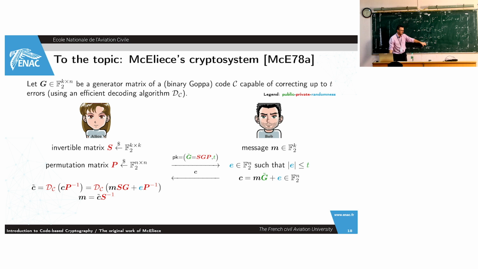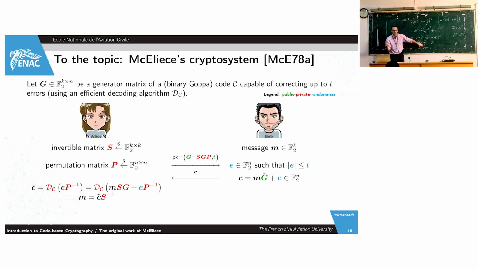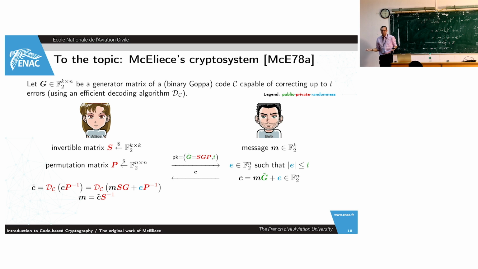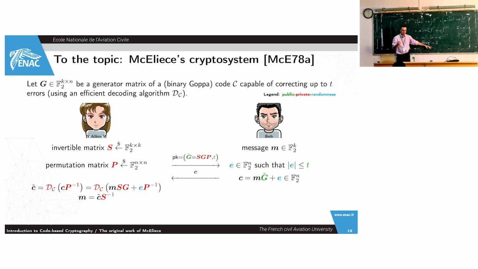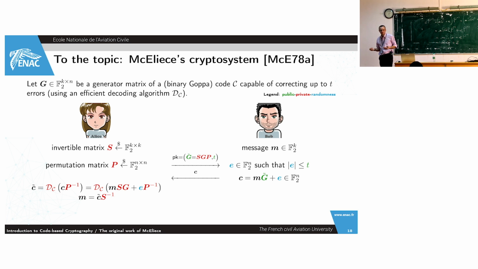But here the generator matrix is G, it's not G tilde, it's G. So I know the efficient decoding algorithm associated with G, right? How many errors can I decode with this algorithm? Up to T errors. So basically, I will be able to decrypt this if, and only if, this term has weight less or equal to T, right? Is this the case? Why is that?